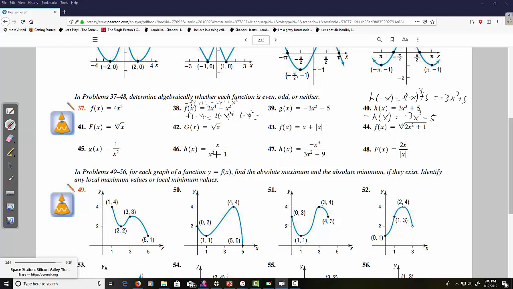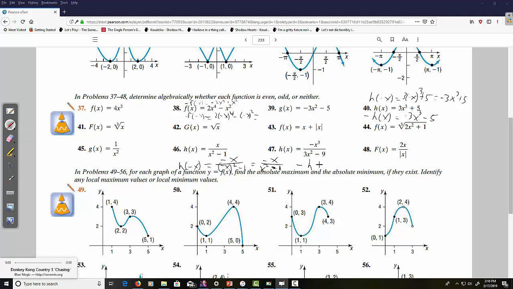Whereas this one is very similar to a problem we did in 3.1. This is actually an odd function, because if you do h of negative x, you'll get negative x over negative x squared minus 1, which would be negative x over x squared minus 1, because that minus gets squared away.